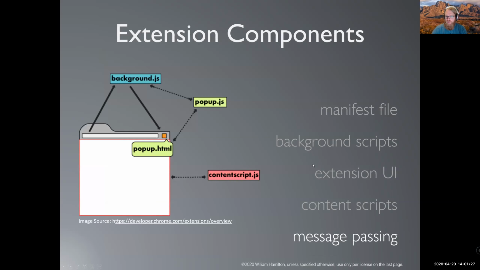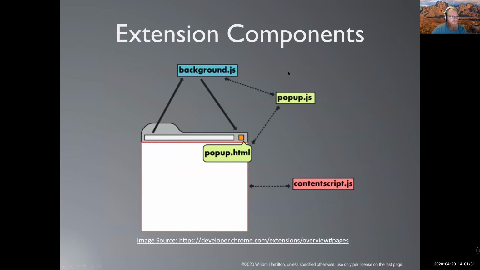All right, and finally, we're going to look at message passing. We've talked about quite a few of these different components for an extension: content scripts, which run on particular pages; background scripts, which run in an ephemeral background environment in the browser; and the pop-up .html file, or whatever the browser action file is for your extension, which is an HTML file that can also import its own JavaScript.